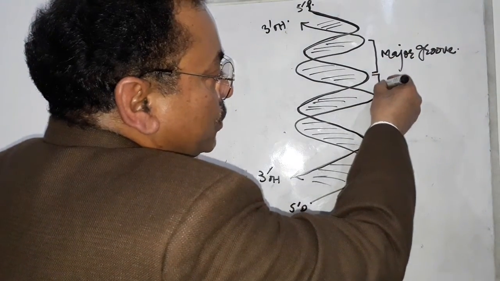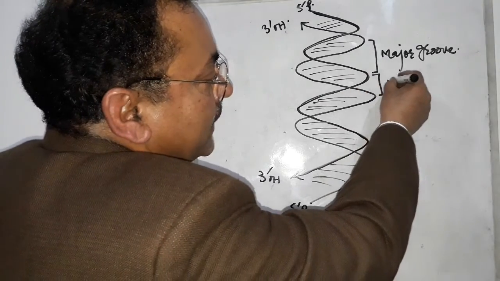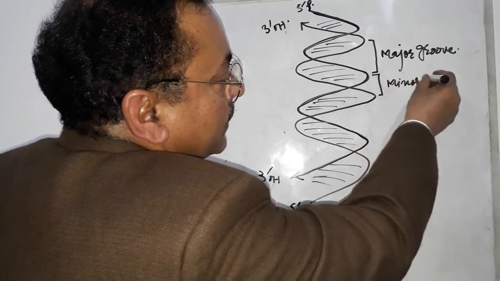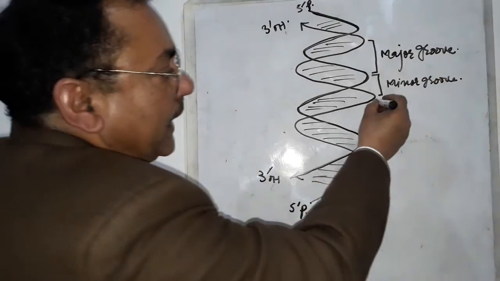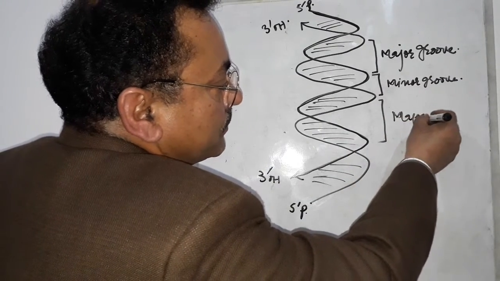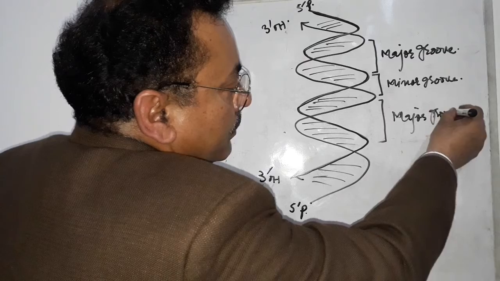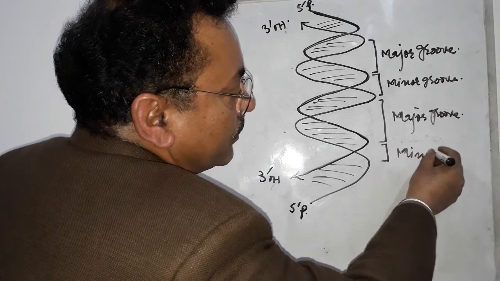After this major groove, there is another smaller groove that you call as minor groove. Minor groove. Then again follows a major groove. This is major groove, and then again will come a minor groove.